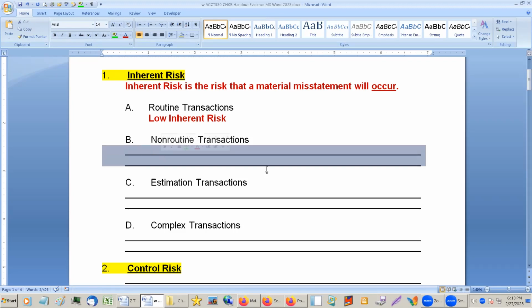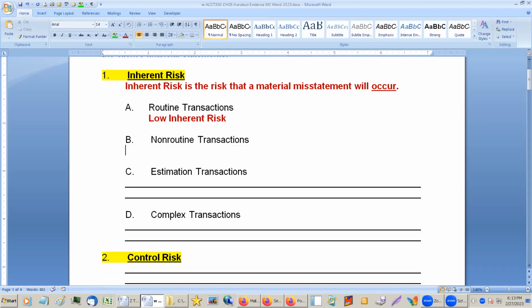Non-routine transactions. So you get something that's unusual, that is not along the same lines as your normal business, and those are going to have a higher risk. So things that are routine, low risk; things that are non-routine, higher risk. Estimation transactions.